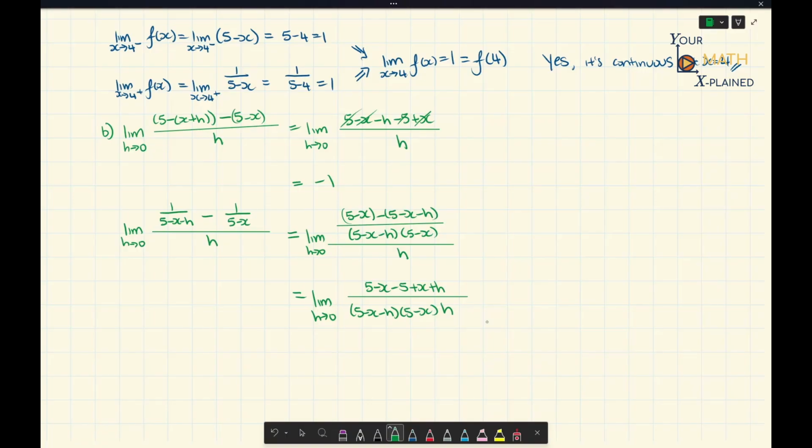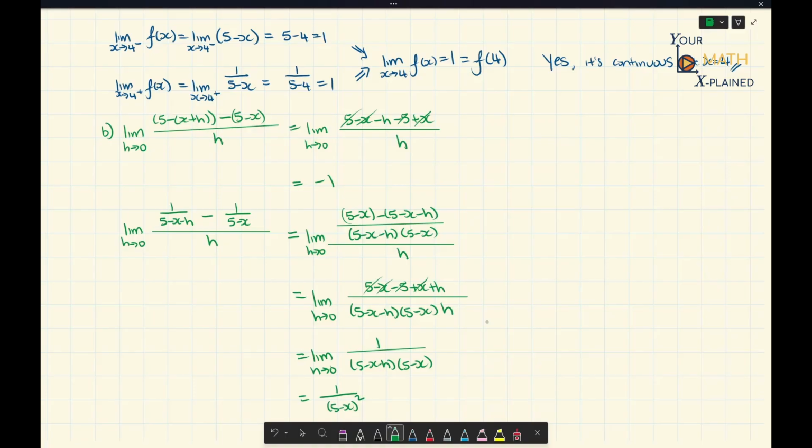But now we can cancel out the 5's and then the x's, and then we're just left with h on top, which we can cancel with the factor of h in the denominator. So this becomes the limit as h approaches 0 of 1 over (5 minus x minus h) times (5 minus x). And now we can go ahead and take our limit, and this becomes 1 over (5 minus x) squared.